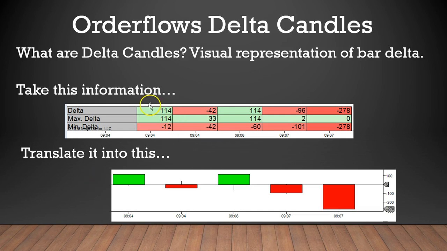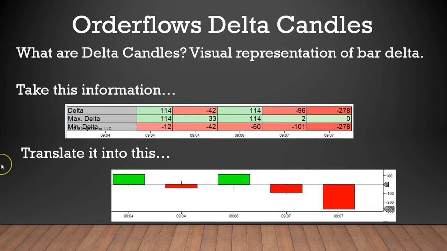And what are Delta candles? It turns this text information, the delta, the max delta, the min delta, into an easy to read format of candlesticks. Most traders are already familiar with candlesticks. Most people's introduction to charting comes through Japanese candlesticks, and the brain processes images at a much faster rate than text.